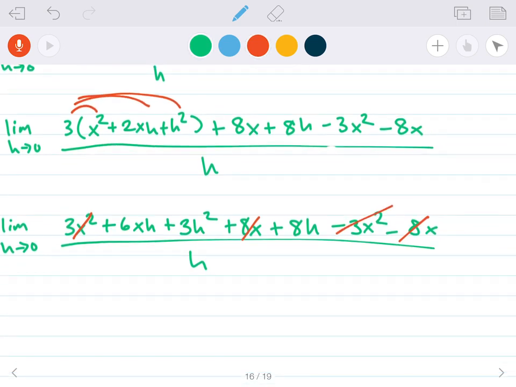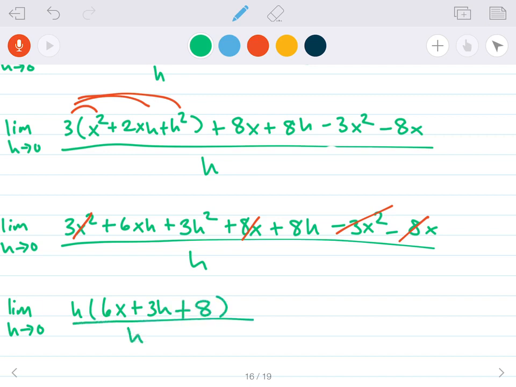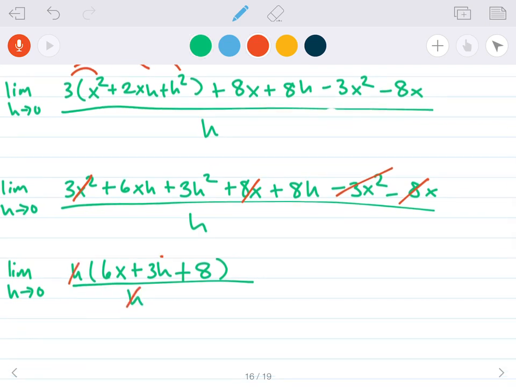But notice at this point we can factor out an h in the numerator. So if I factor out an h, I'm left with 6x plus 3h plus 8 all over h. These h's cancel out, and the last thing to do is to plug in 0 for h.